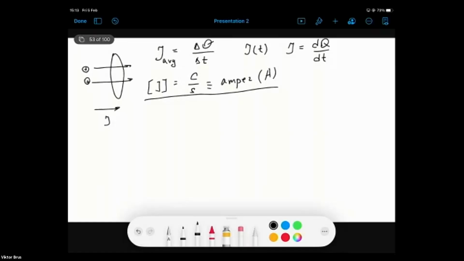And in order to have electric currents and net motion of charges, we need to realize certain conditions. First of all, the material should be conductive, so it should possess some free charge carriers which can move.